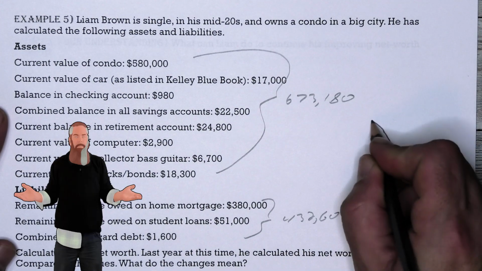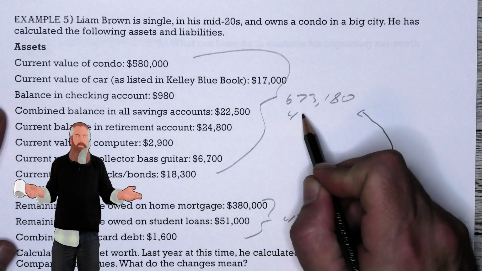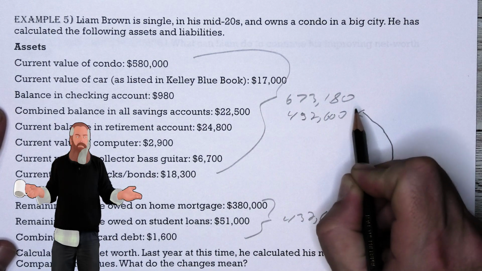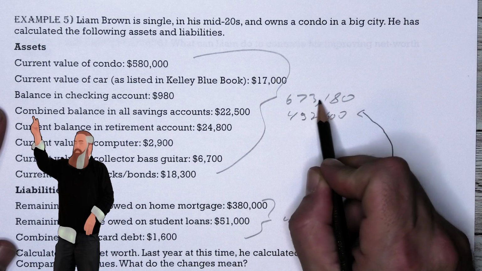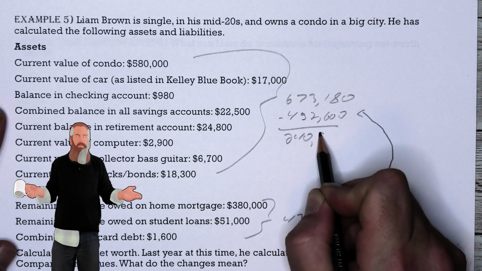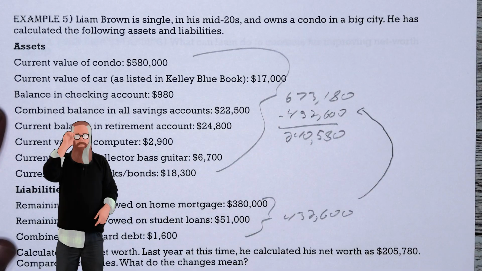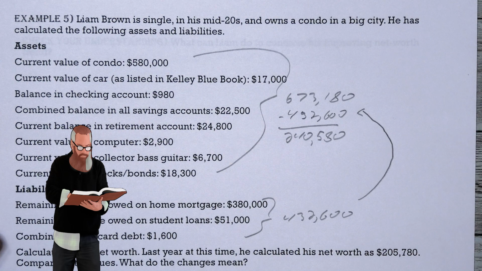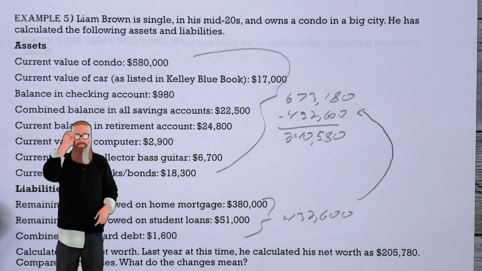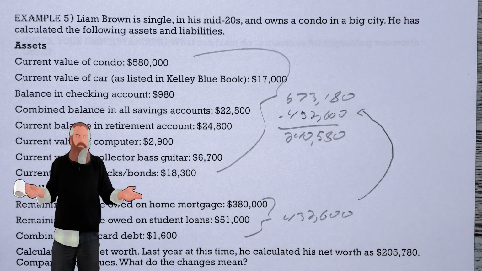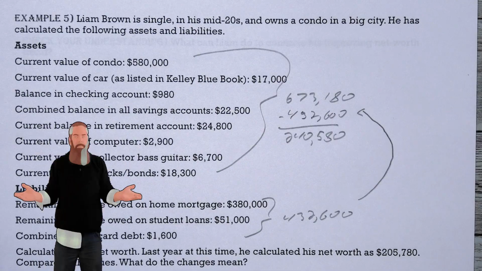By subtracting the liabilities from the assets, so subtracting $432,600 from the $673,180, we get $240,580. Liam's net worth is $240,580. This is a $34,800 increase in net worth from his previous year. This increase represents an improving trend in Liam's financial well-being.